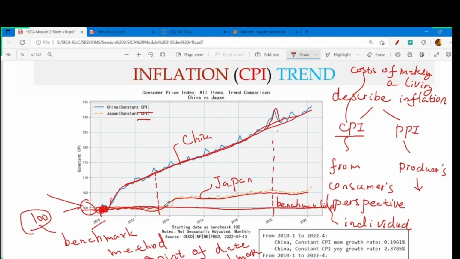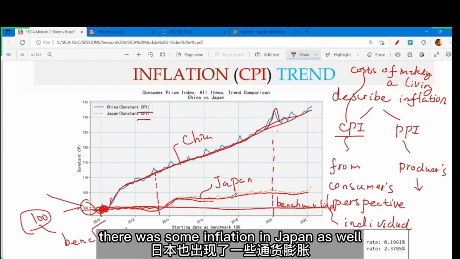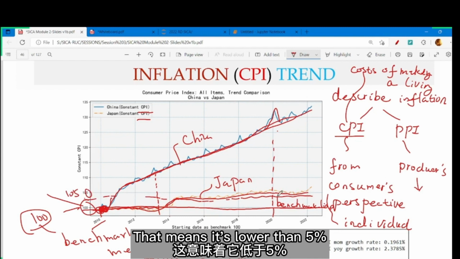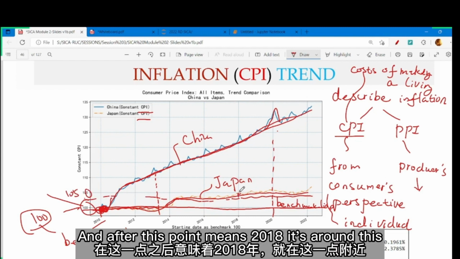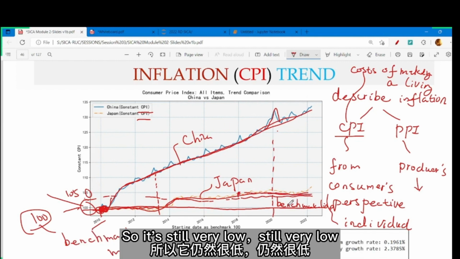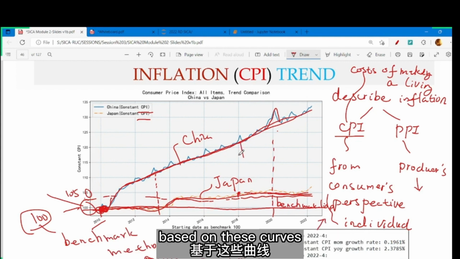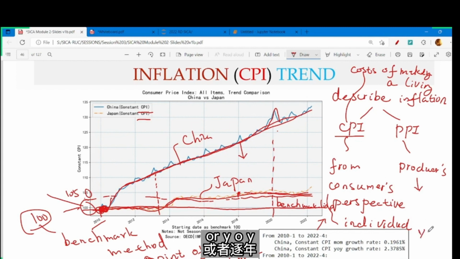And after 2014, there was some inflation in Japan as well, but pretty low. It's lower than 5%. Here is 105. And after this point, around 2018, it's still very low. And then we can do a quick calculation based on these curves for YOY and MOM.